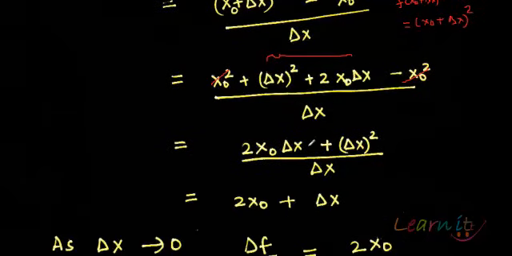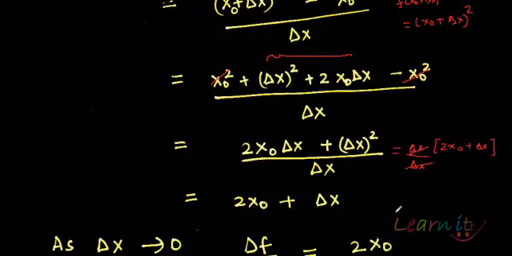And once I take out change in x common, what remains is 2 x naught plus change in x. This cancels out with the denominator. So 2 x naught plus change in x would remain.